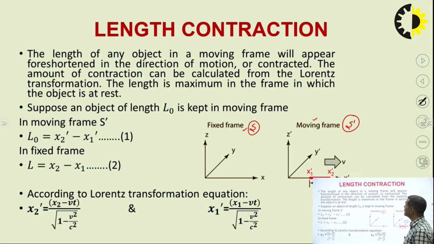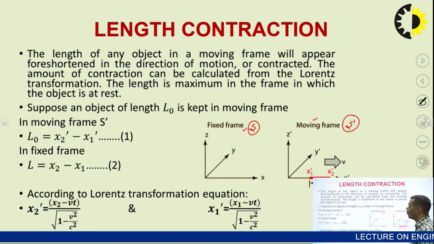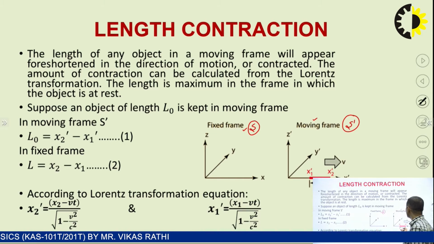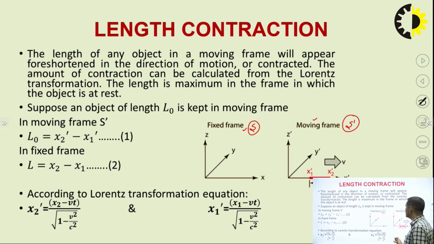To understand this length contraction phenomenon, basically the length of any object in a moving frame will appear contracted. It will decrease. That means if we consider two frames, one fixed and another moving, and the object is in the moving frame and we observe it from the fixed frame, then the length will be contracted. Or vice versa: if we consider the object in the fixed frame and measure its length from the moving frame, then again the length of the object will be contracted.